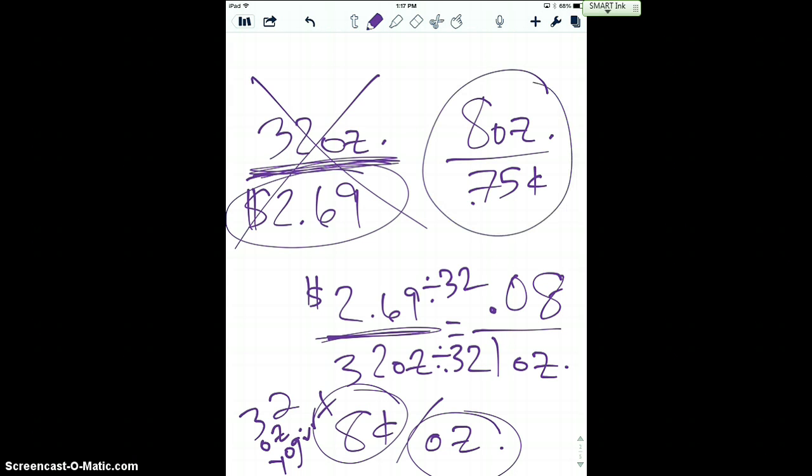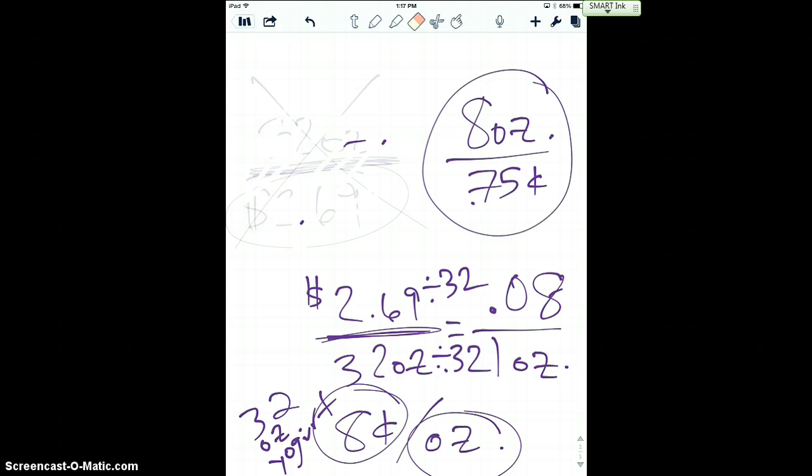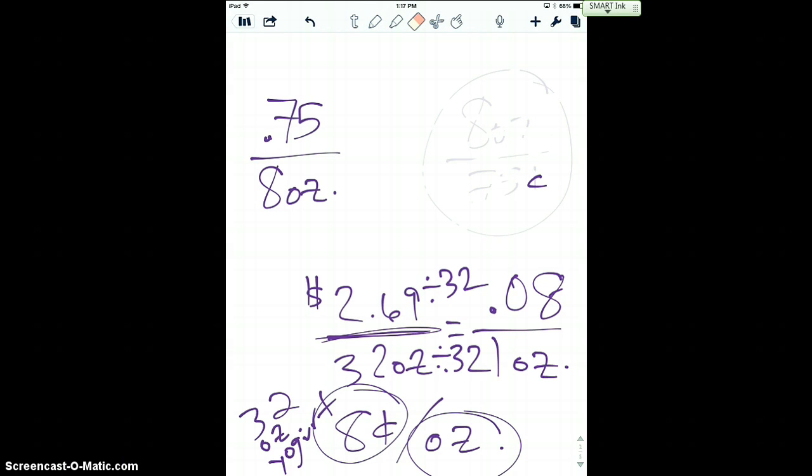So should I write it this way? No. I need money on the numerator if I want to compare it with what I already have. So 75 cents over 8 ounces, for 8 ounces. And then I want it to be out of 1 ounce. So how do I get it out of 1? Well, I'm going to take that 8 and divide by 8.